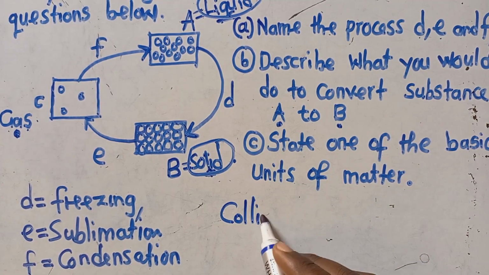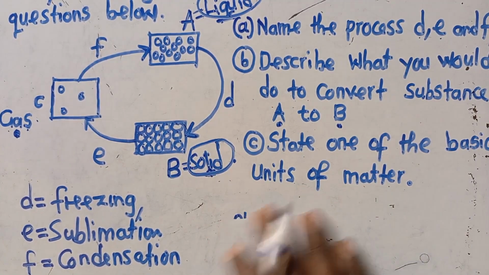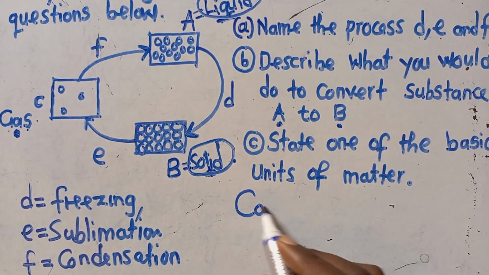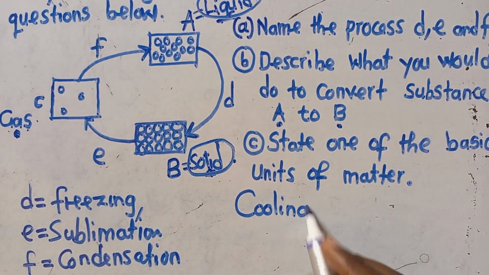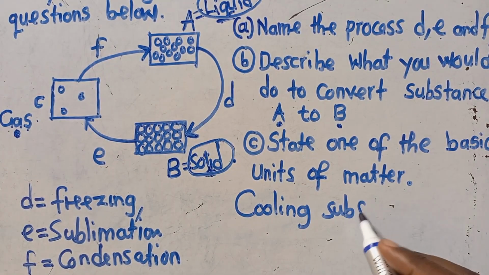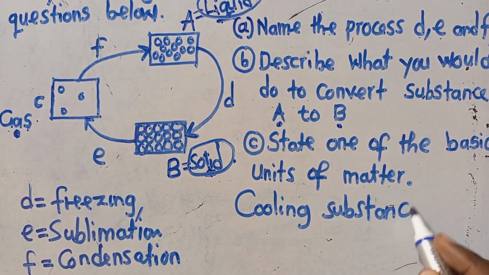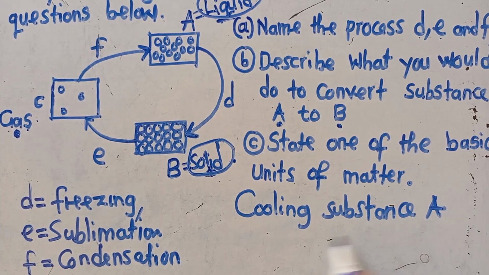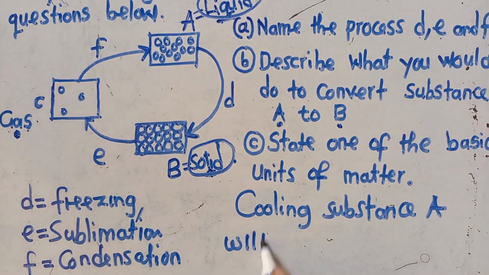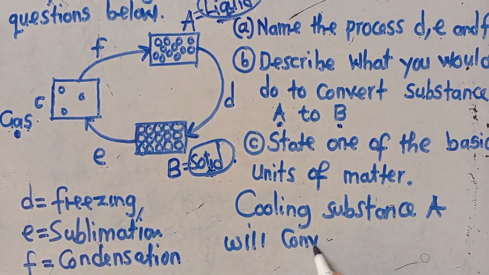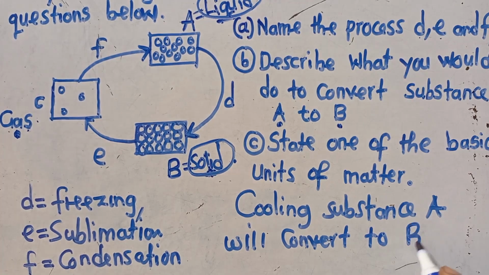So this is what I'm going to say. Cooling substance A will convert it to B. This is what you're supposed to know.